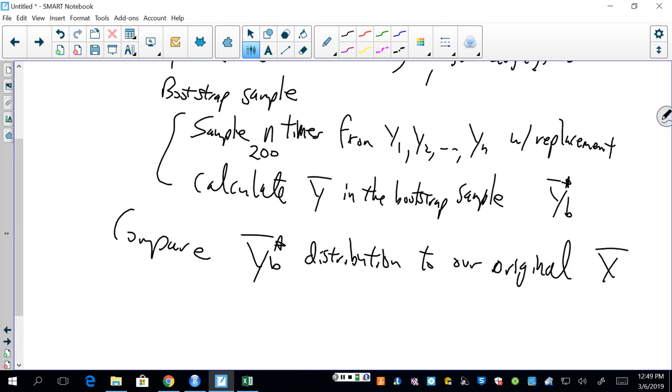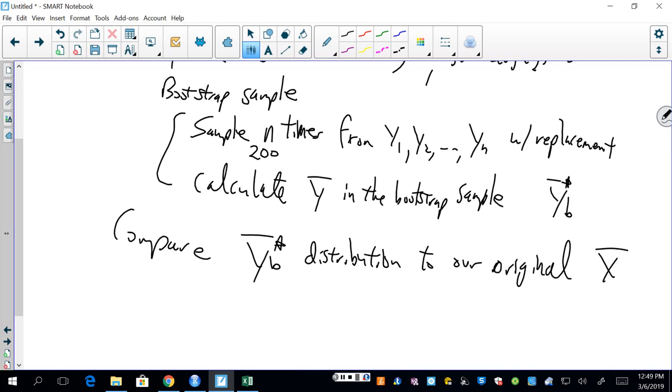And if x bar is extreme, if it's out in the tail, among the 5% or 2.5% or 1% biggest, it's pretty unusual. In this case, it's bigger than all of them, so it's way beyond that.